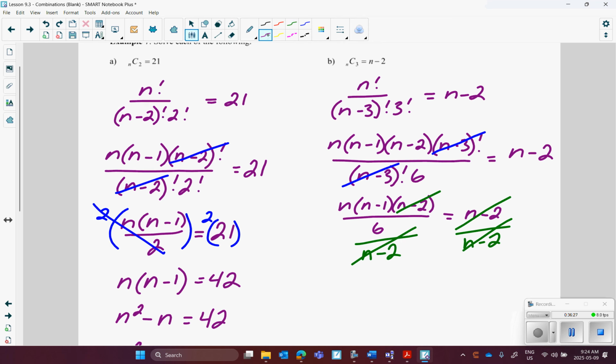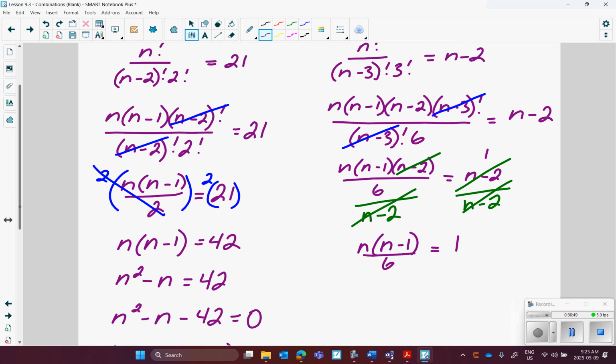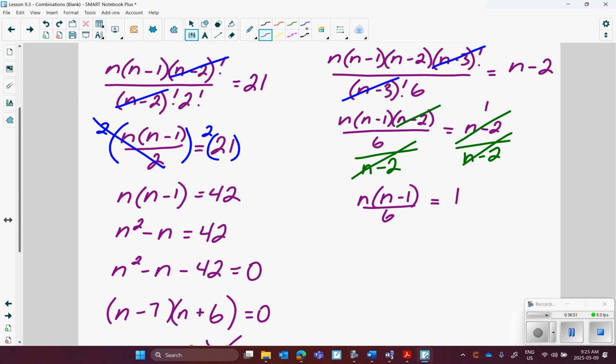But what remains on the right here? 1, not 0. Remember, when we divide to reduce, it cancels out to 1. When we subtract to reduce, it cancels out to 0. So now I've got something very similar to the previous one. Now I can times both sides by 6.